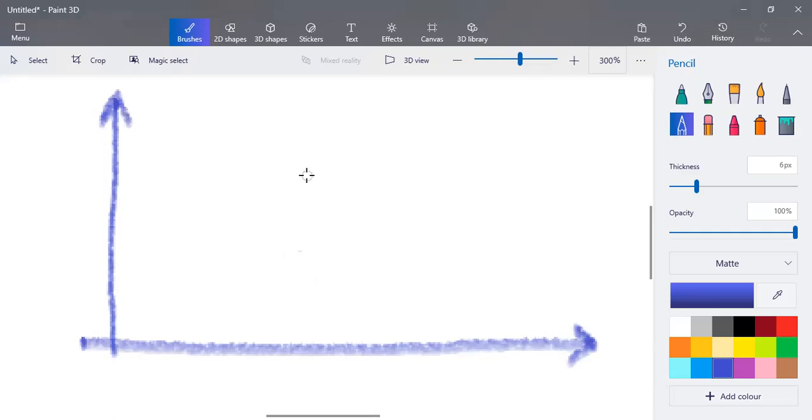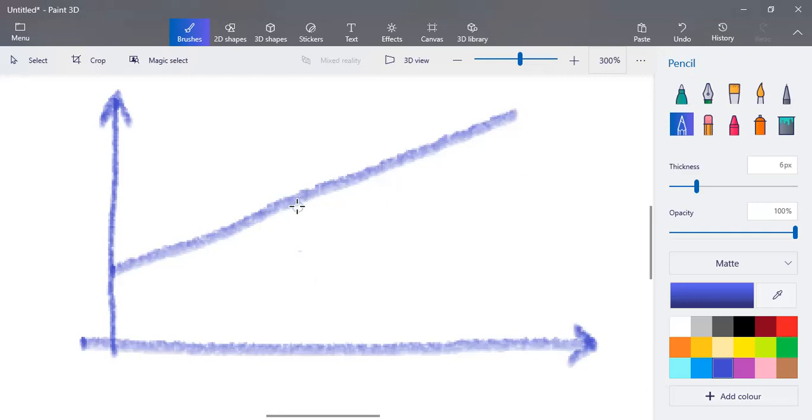So this is basically two axes, and suppose this is the linear regression line, right?